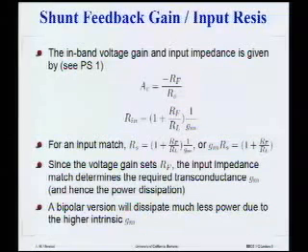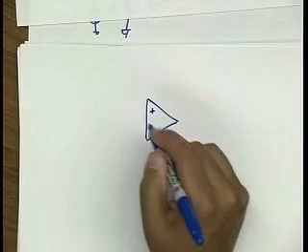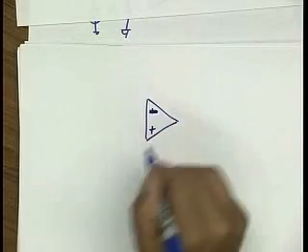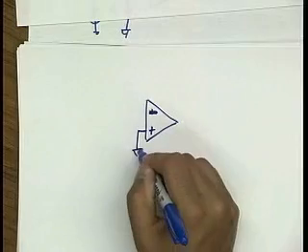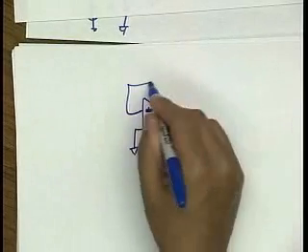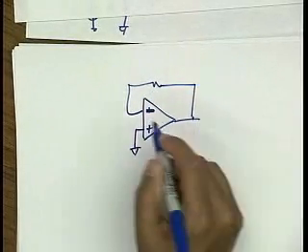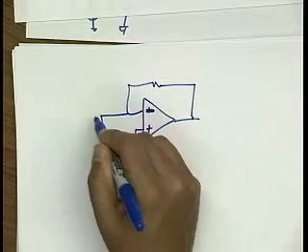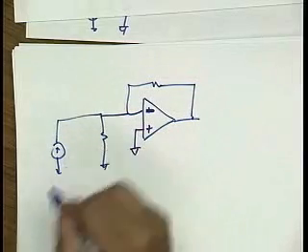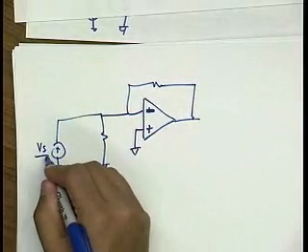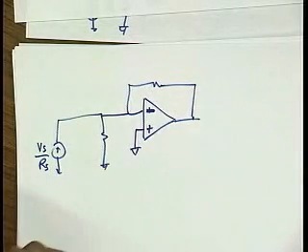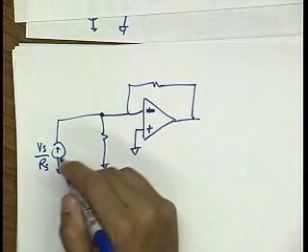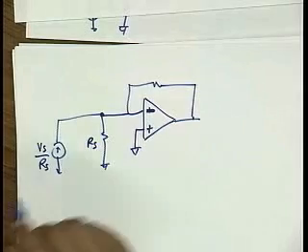And that's actually quite easy to derive. If we think of this amplifier, let's say this is the negative terminal, this is the positive terminal, as a black box, then a shunt feedback amplifier looks something like this. So this is Vs over Rs, our equivalent current input. Rs is the input.